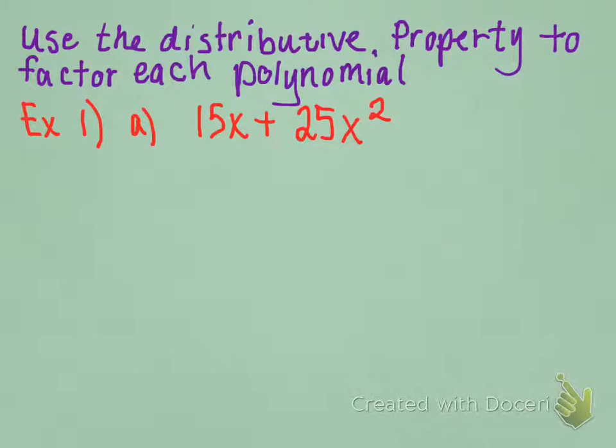Alright, on this first example, it says use the distributive property to factor each polynomial. So you're going to use what we learned yesterday, and you're going to break down each individual term. Remember, your plus sign separates the terms, so you have two terms here. So the first thing I'm going to look at is 15. 15 can be broken down by 3 and 5, and then it has 1x.